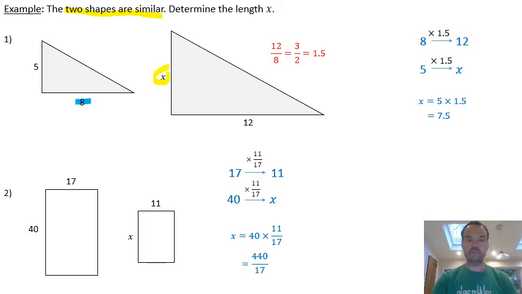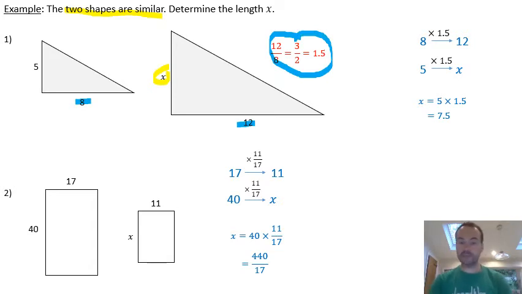And if we're assuming that this 8 and 12 go together, then we can work out the ratio, the scale factor between the two triangles. 12 divided by 8 is 1.5. We can use the 1.5 to multiply the 5 to get what x is. So this bit here is the crucial bit, finding the scale factor.